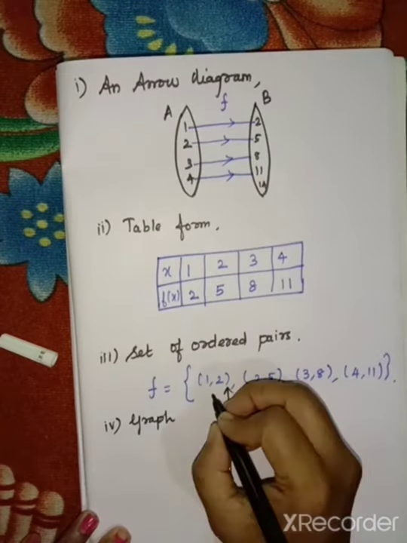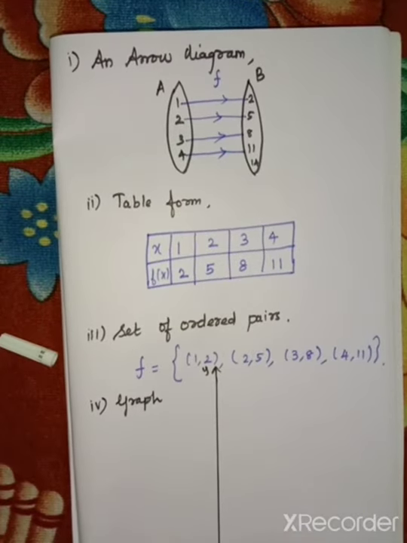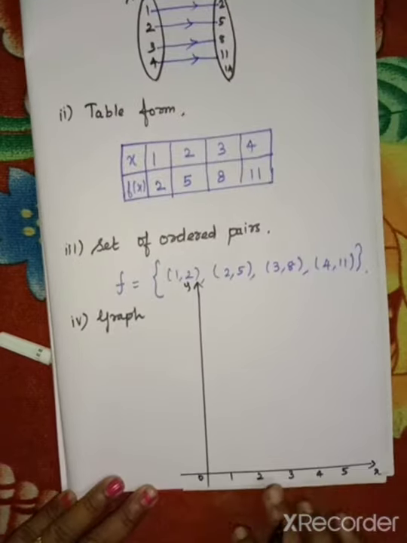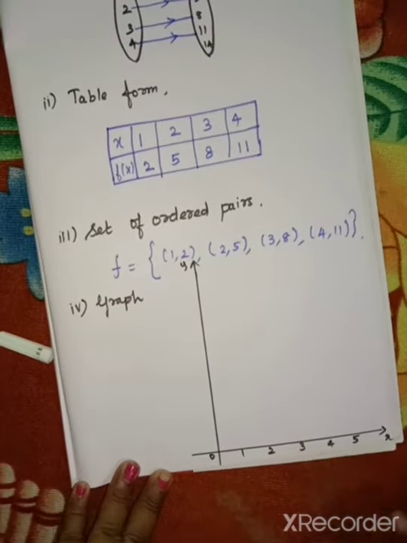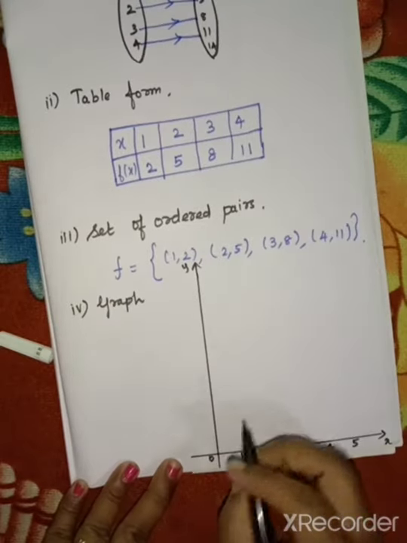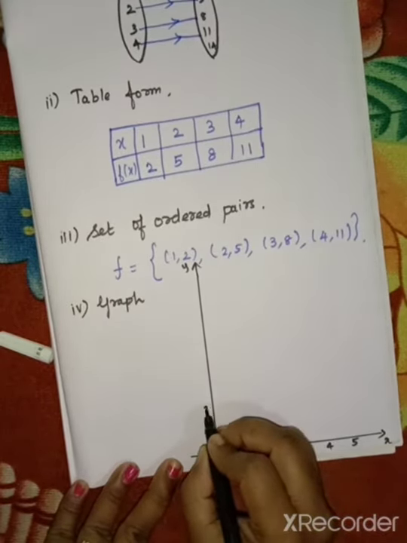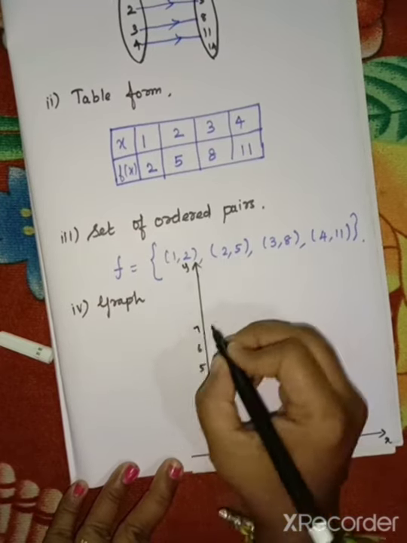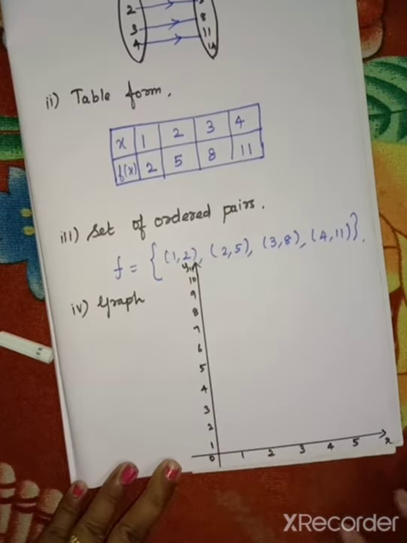So here x, that is y. So 0, 1, 2, 3, 4, 5. Extra if you want, you can draw, that is no problem. Then for the y values up to 11 we want: 1, 2, 3, 4, 5, 6, 7, 8, 9, 10 and 11.